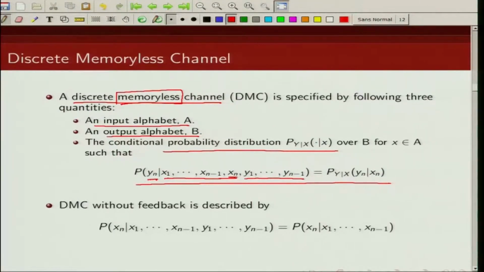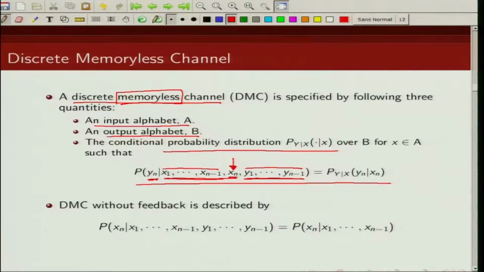It only depends on the present input. Because it is memoryless, it does not depend on past values of the x_i's, and it does not depend on past values of the y's. It only depends on the current value of x.